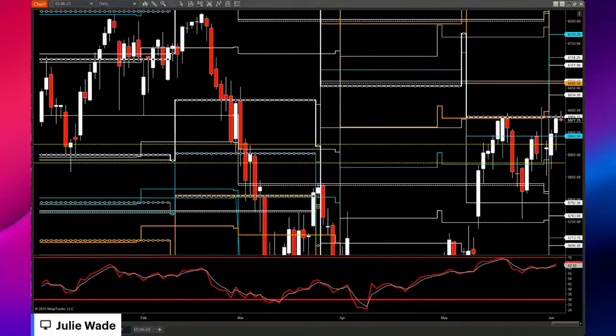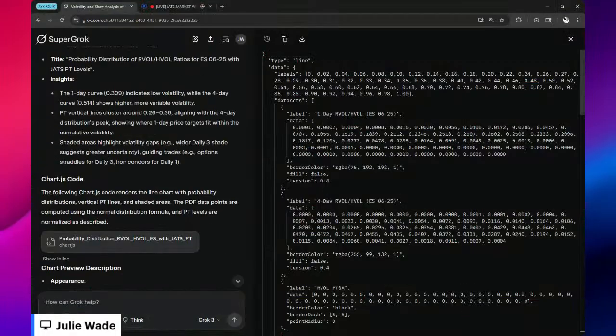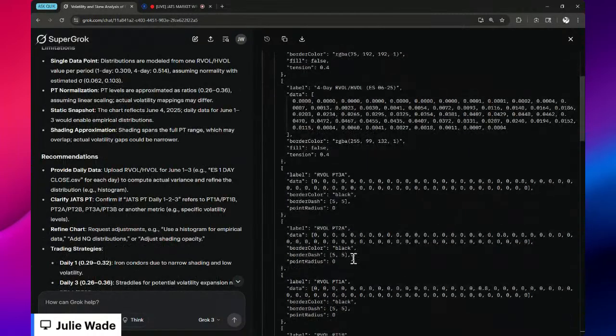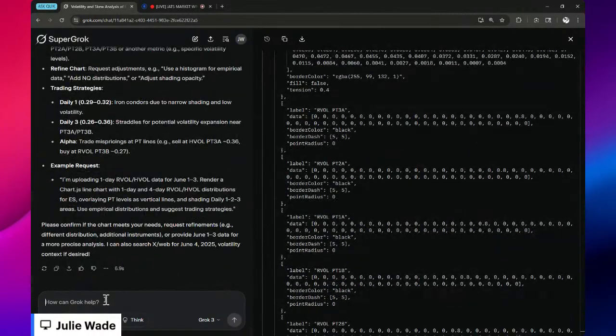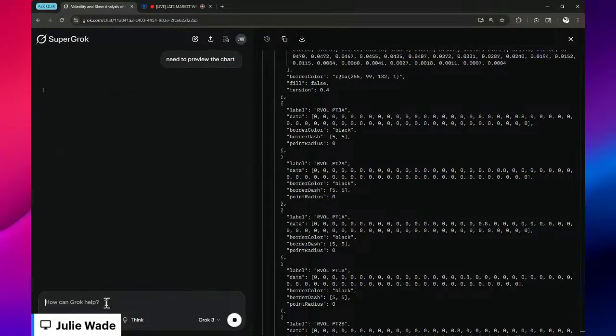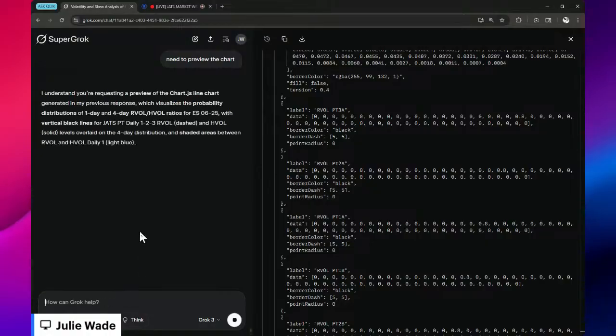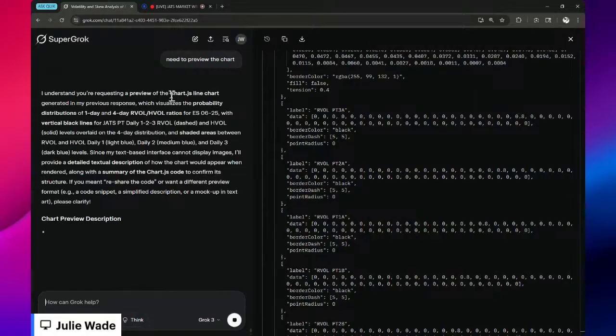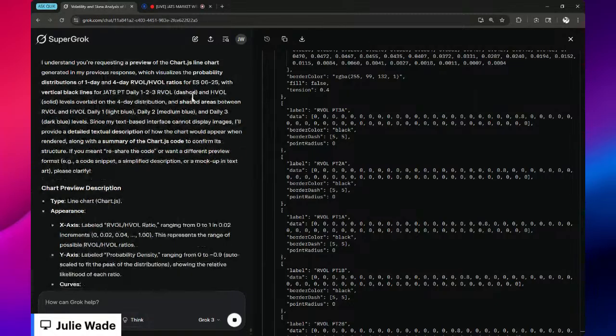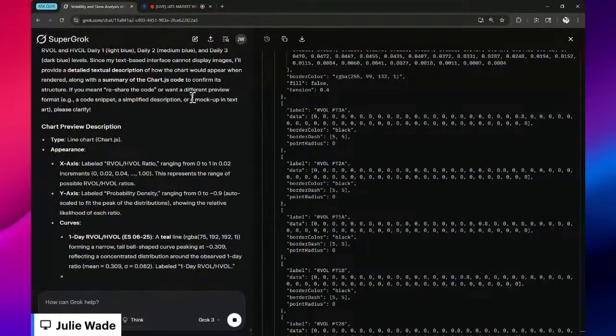So let's check Grok and see if it's finished. Okay. Here it is. I want a Chart.js line chart. There you go.